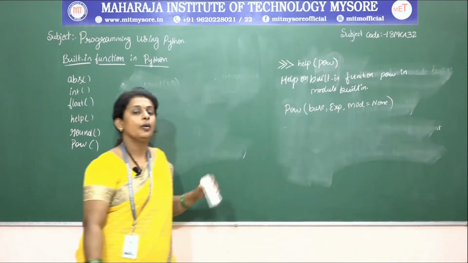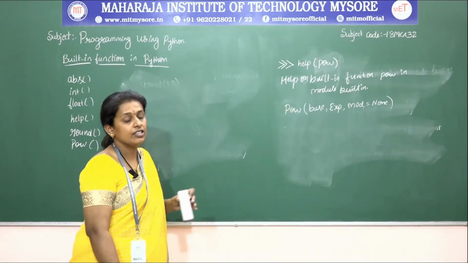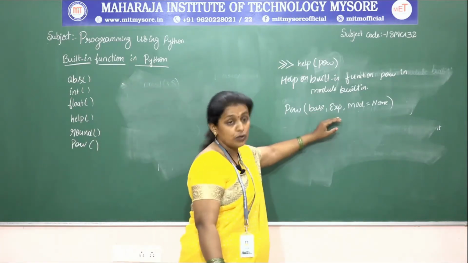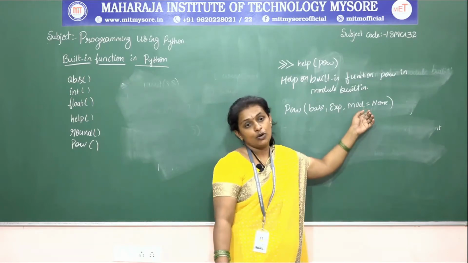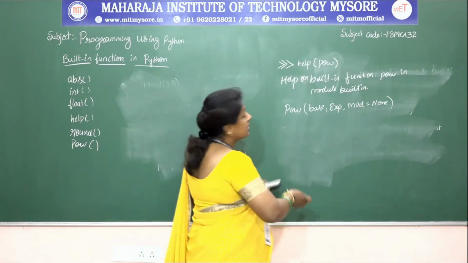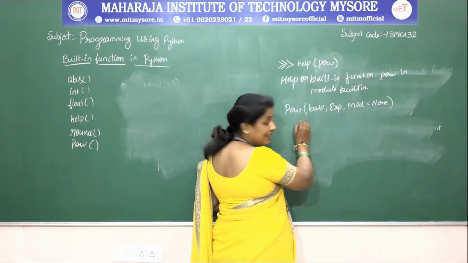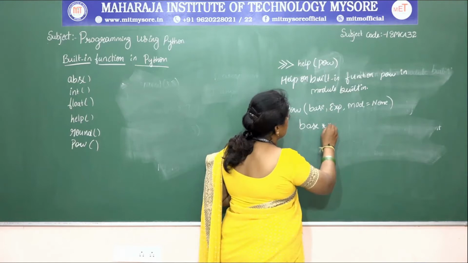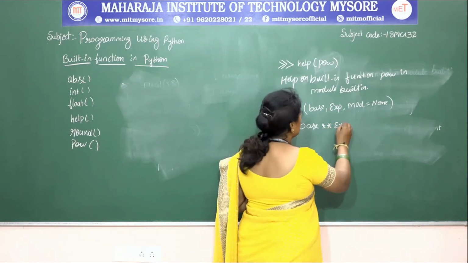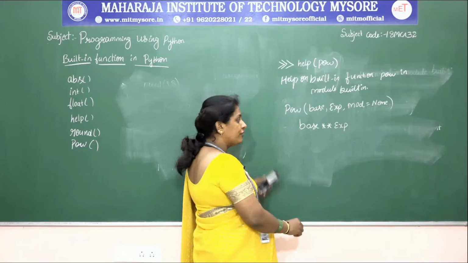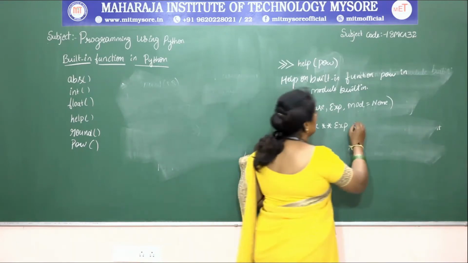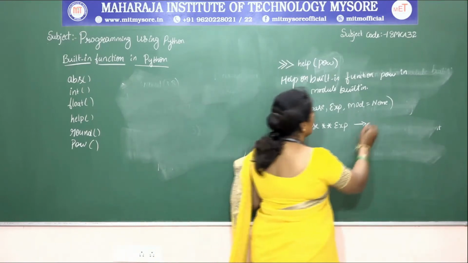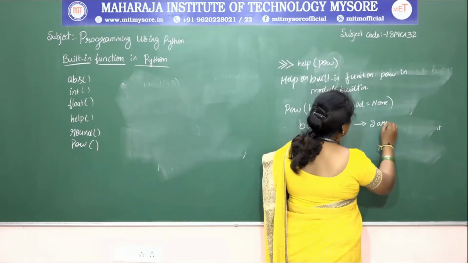So with the power built-in function, we have three arguments, that is base and exponent value, then we have a modulus. Equivalently, this is the base raised to the exponent. This will be evaluated if the arguments are two arguments.